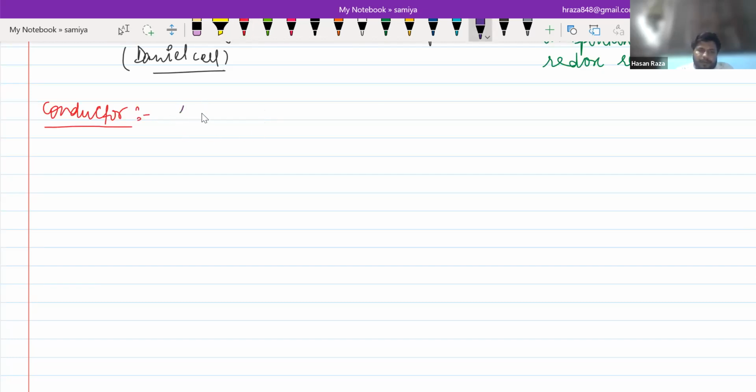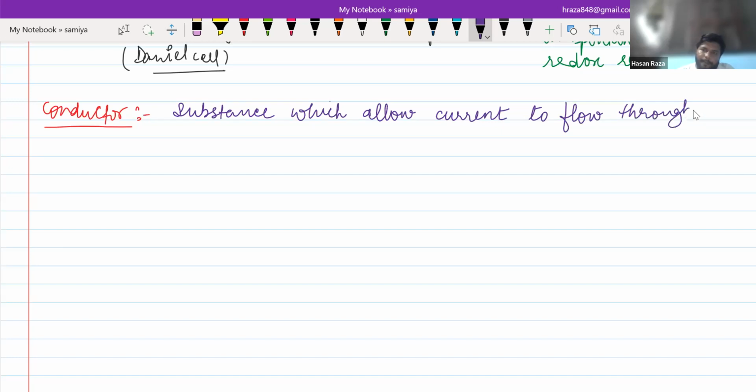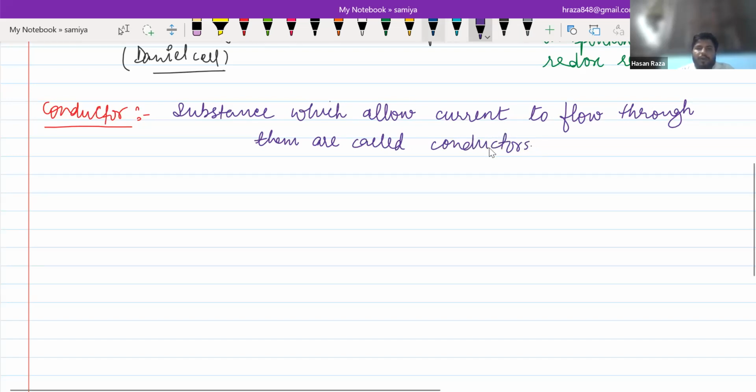Conductors are substances which allow current to flow through them. So basically, a substance in which current can flow is called a conductor.